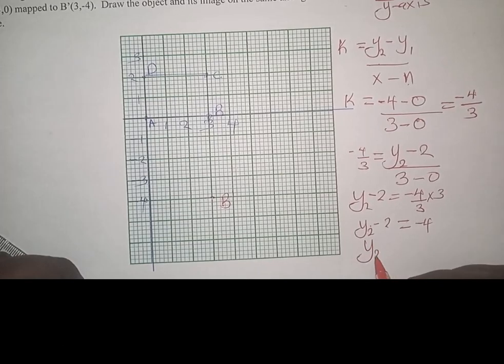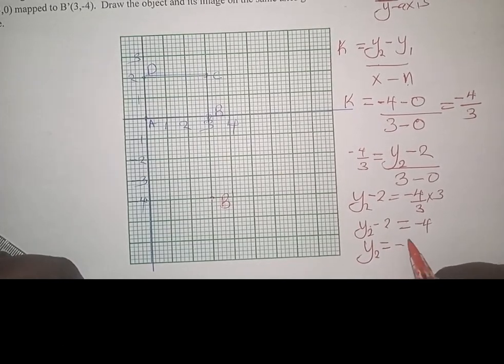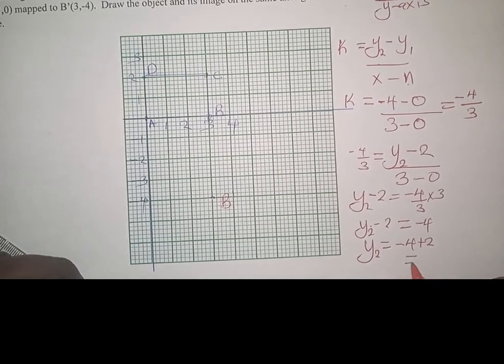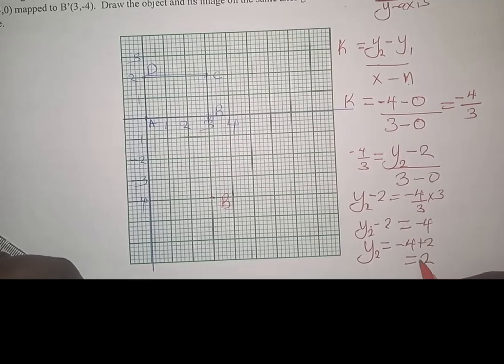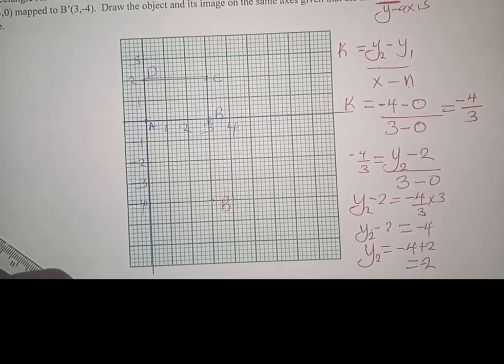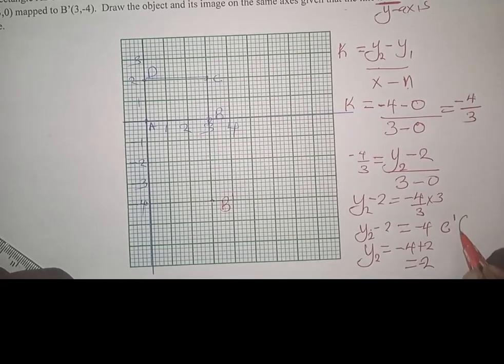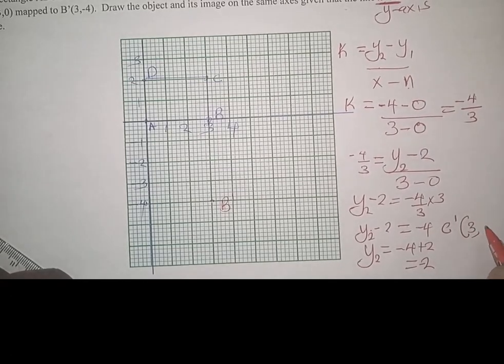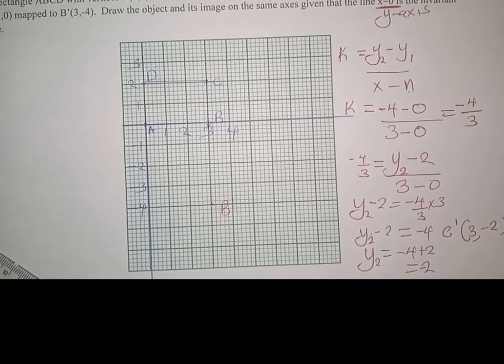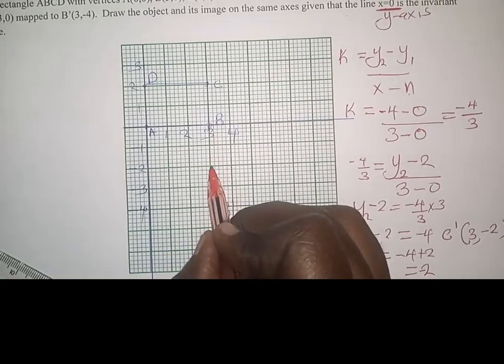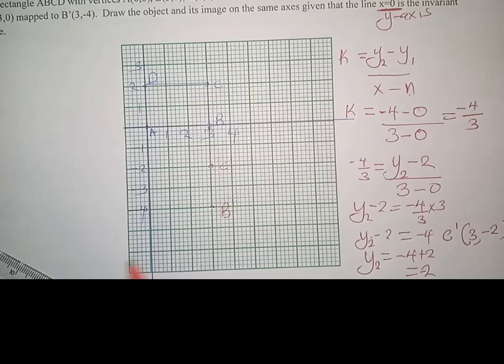So y2 is equal to -4 plus 2, which is -2. So C prime has coordinates (3,-2). So we spot (3,-2). That's where C prime will be.